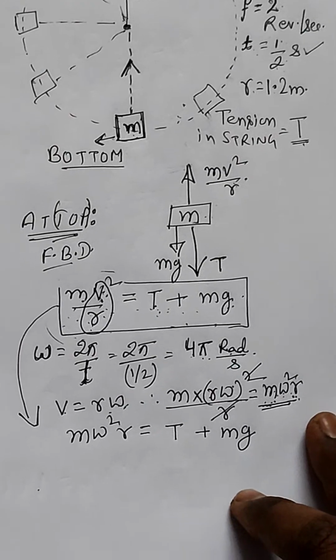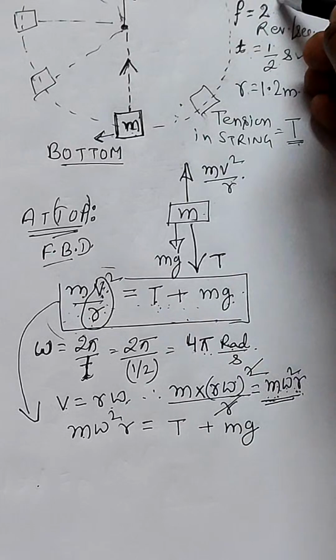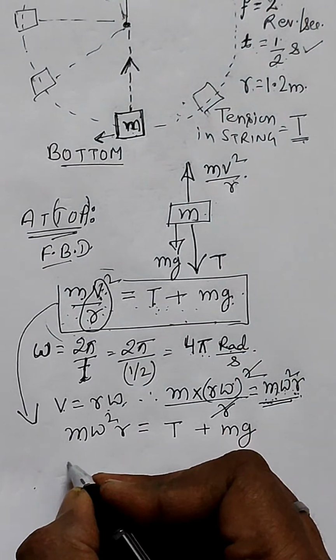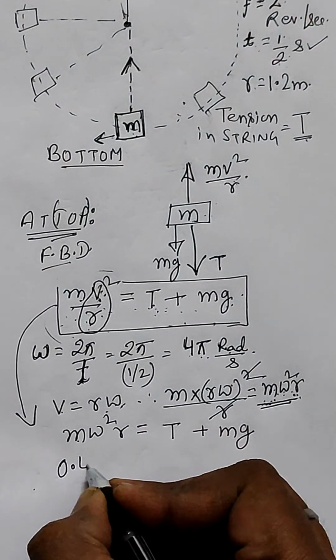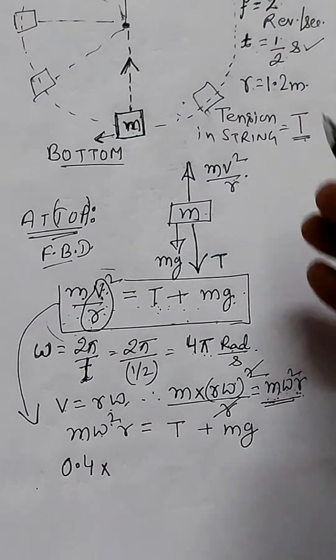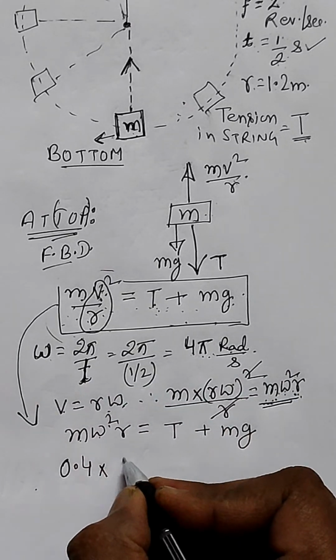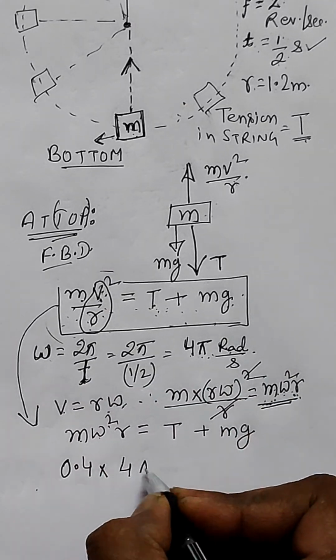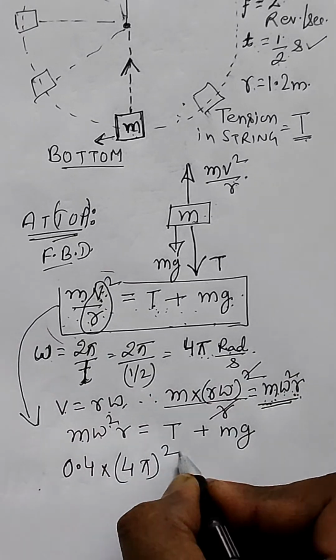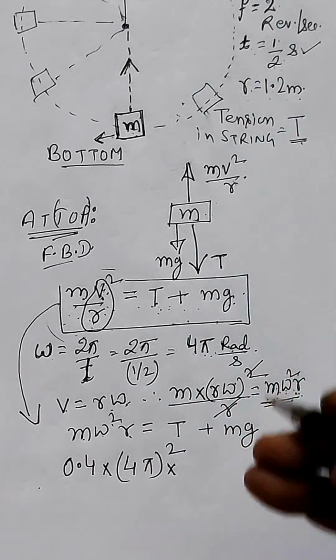Now you know the value of m, just put in the values. M is 0.4 into omega square. What is the value of omega which we have derived? 4 pi. So put 4 into pi whole square into radius. What is the radius? 1.2 meter.